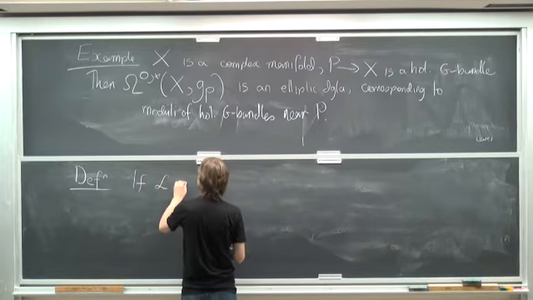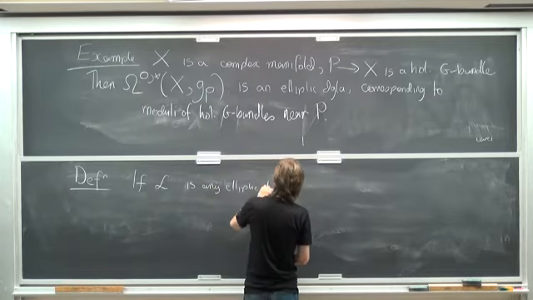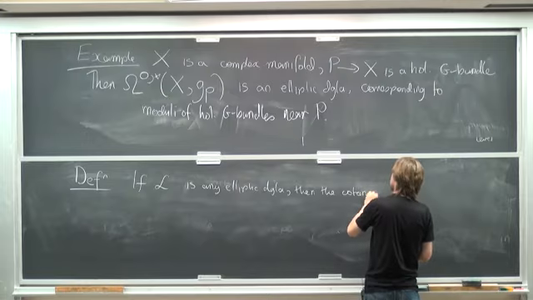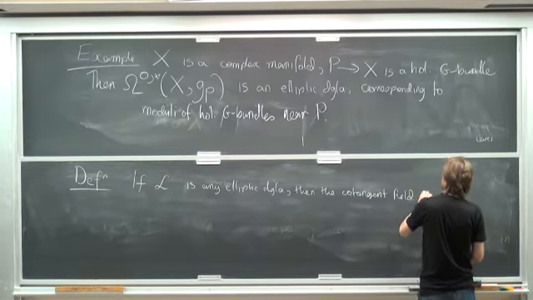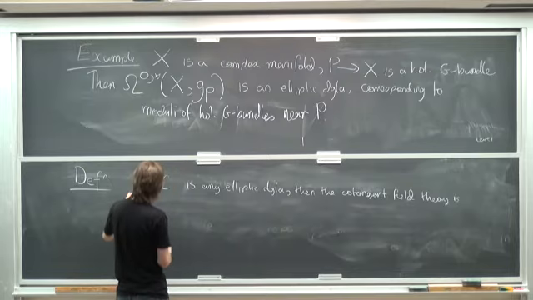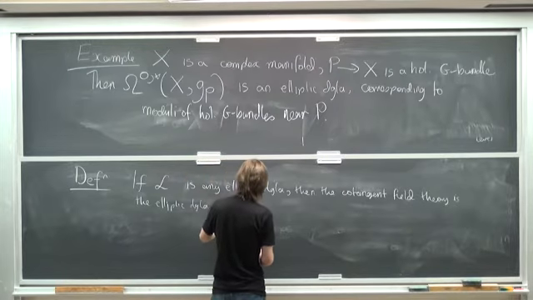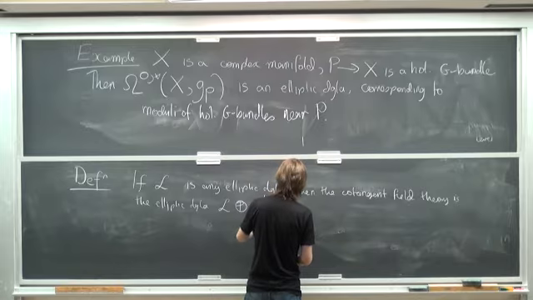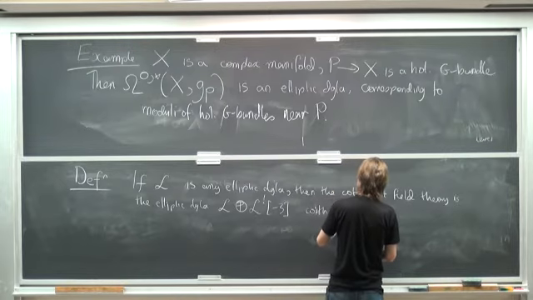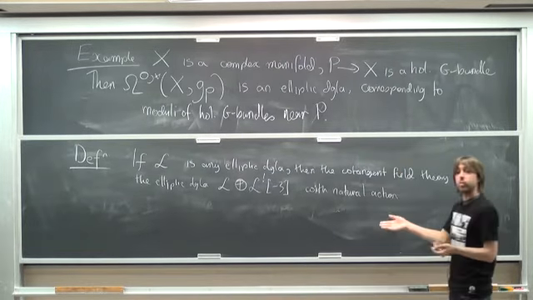Suppose I take any elliptic DGLA, then the cotangent field theory is where I just add on a copy of the dual. Okay, so why would you do something like this?